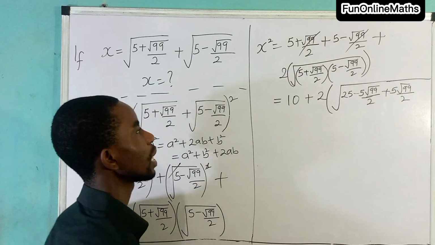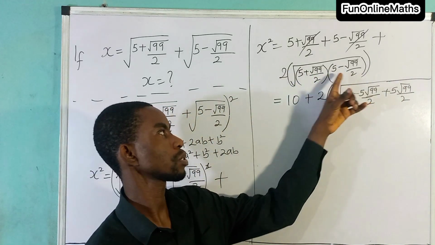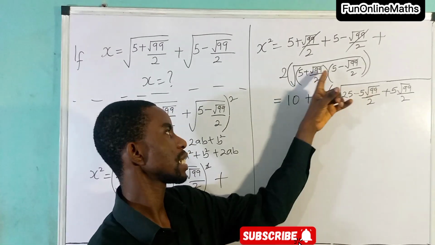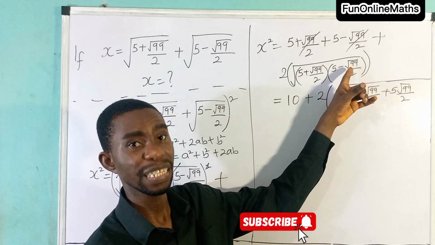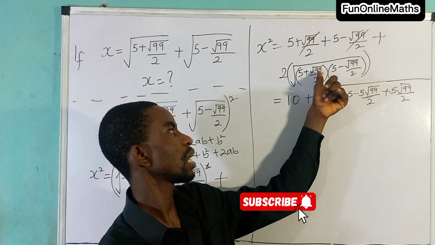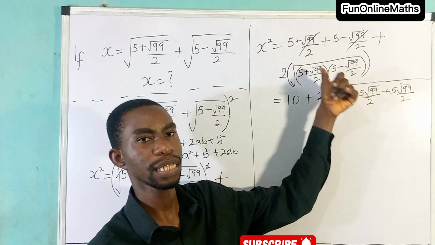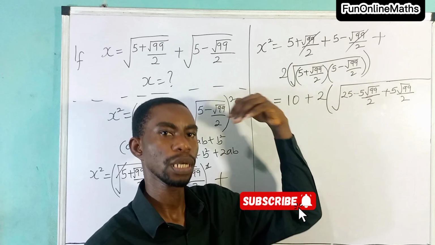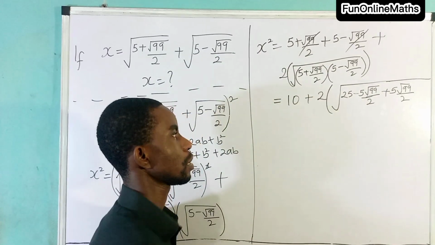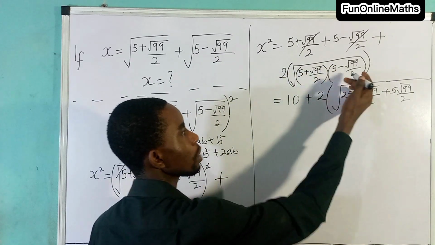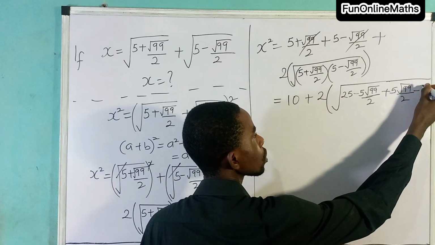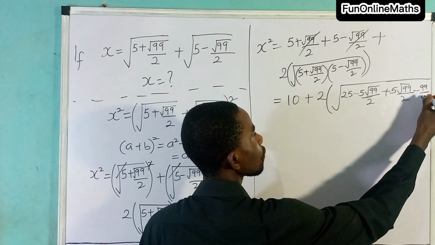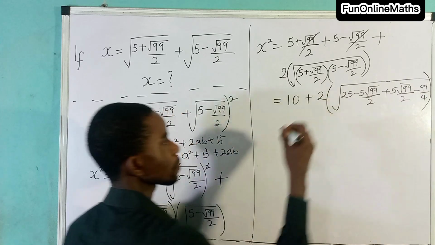And then lastly, we have plus times minus, which is minus. Root 99 times root 99, they are the same, so the square root over it will give you back 99. So this will be 99 over 2 times 2, which is 4, minus 99 over 4. Close your bracket.